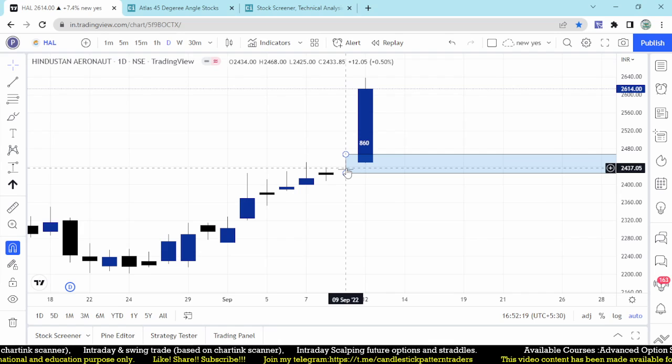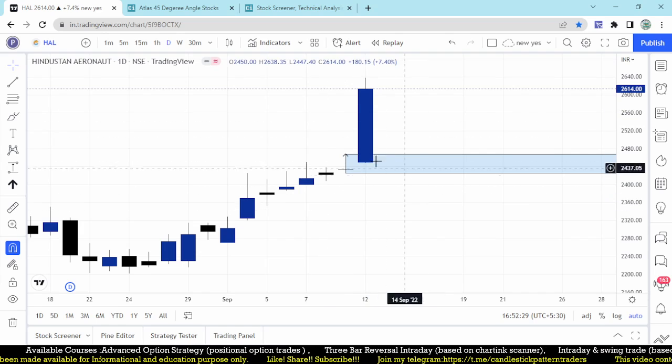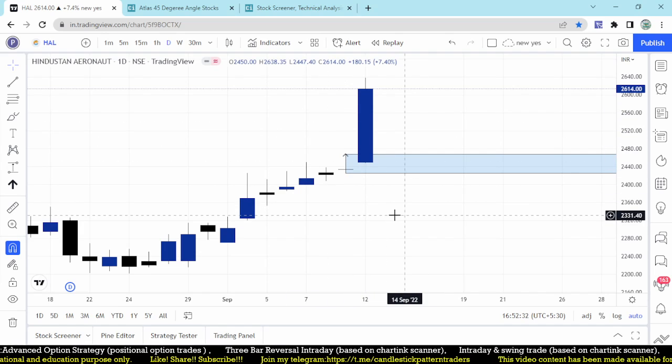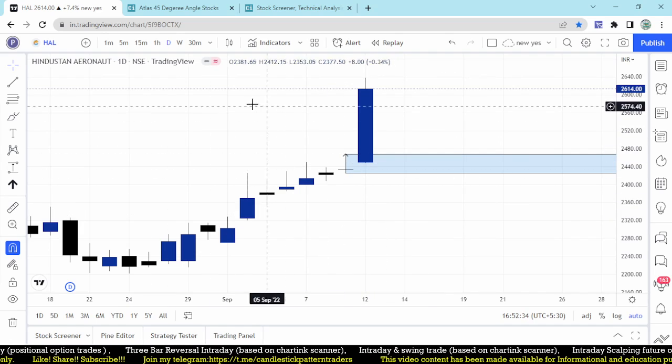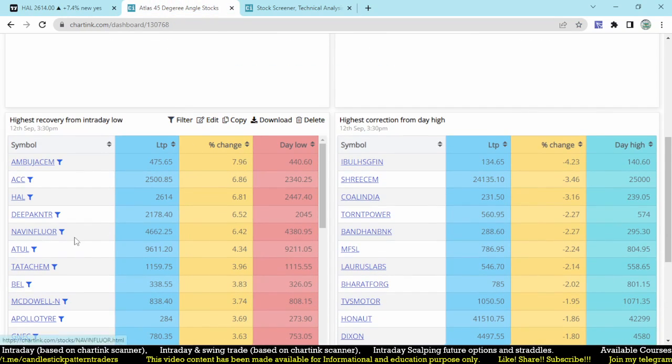If it breaks the high, we can expect an upside, and if it breaks the Doji low, we can expect a downside. Since it was at the highest level, we expected some correction, but it didn't happen and it went higher.